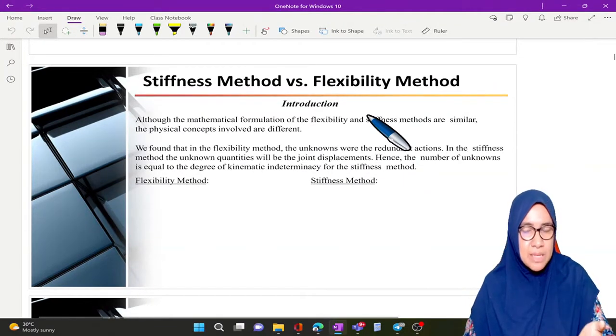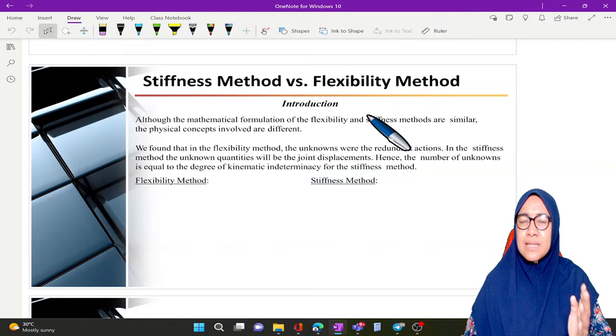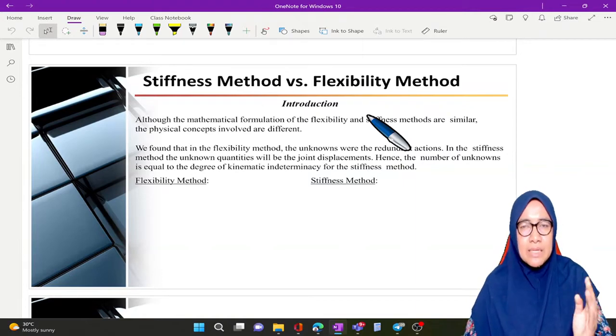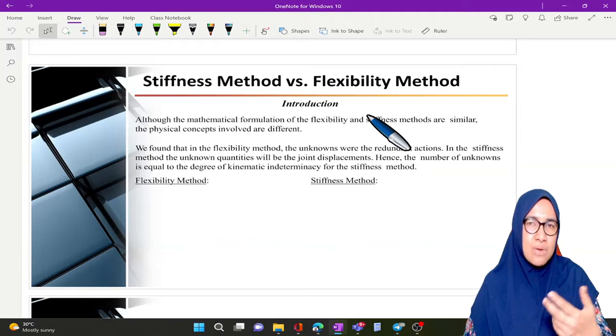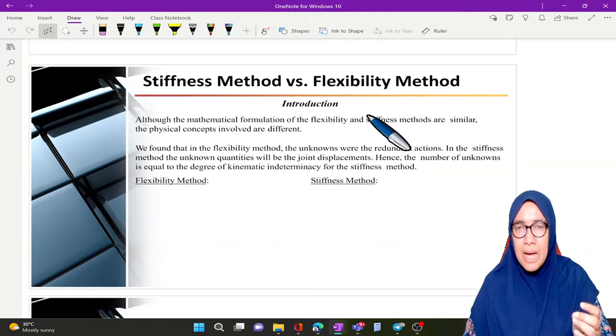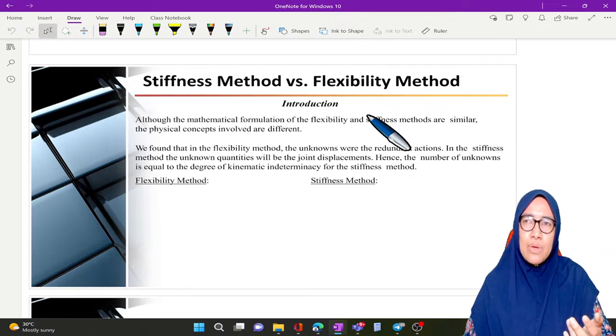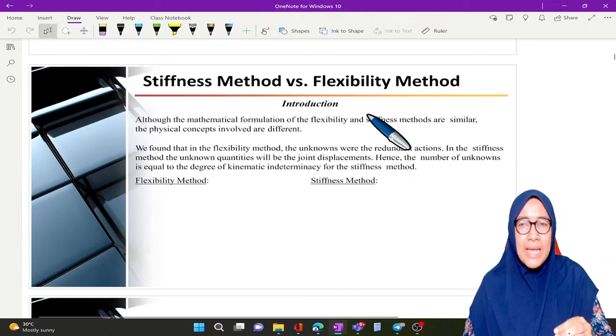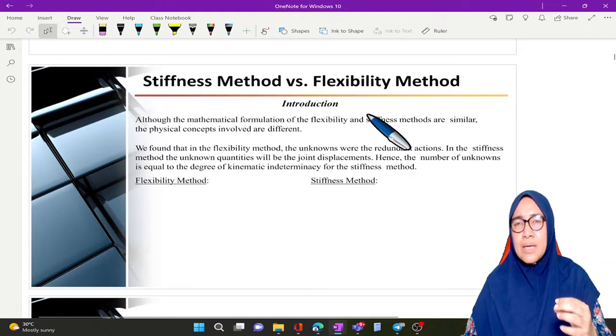The flexibility method has a limitation, because we can only analyze structures with up to 3 redundants when we want to solve for the reactions, meaning the total unknown reactions in the structure.